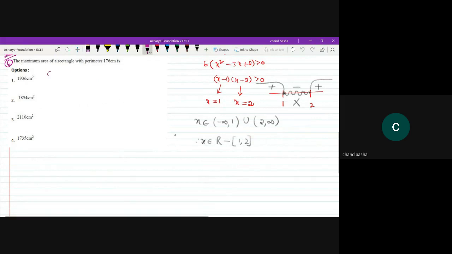Given perimeter is equal to 2 times of L plus B is equal to 176. So length plus breadth is equal to 176 divided by 2. You will get 88. I'll take this as equation number 1.